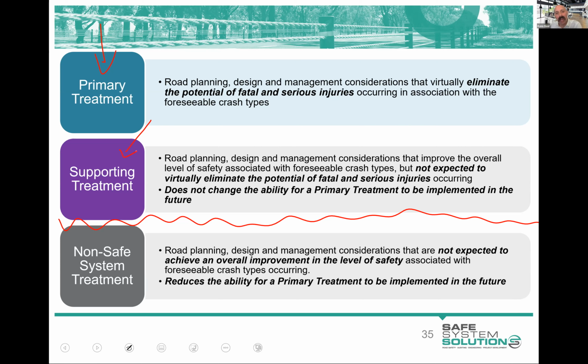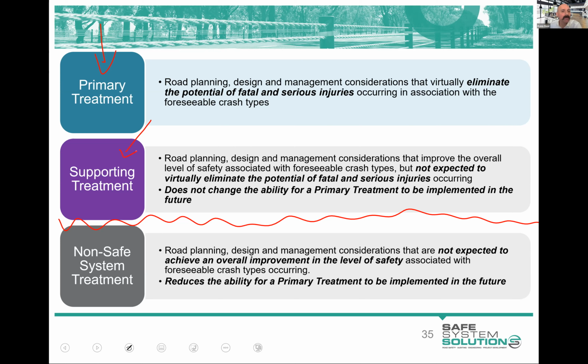So signs, line marking, lighting, surface, audio tactile, geometric changes in terms of super elevation or straightening out a curve or these sorts of things. Signals, traffic signals can be supporting as long as they're not stopping a roundabout going in or stopping something else going in.